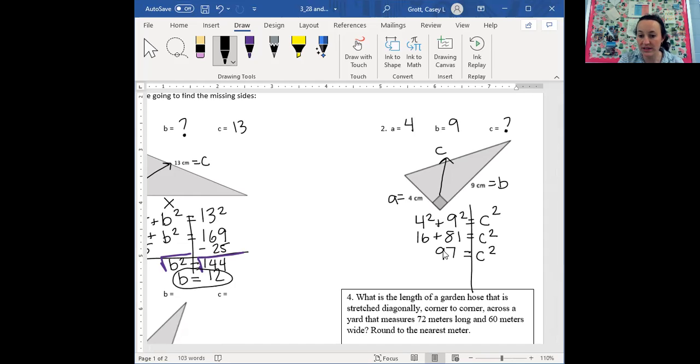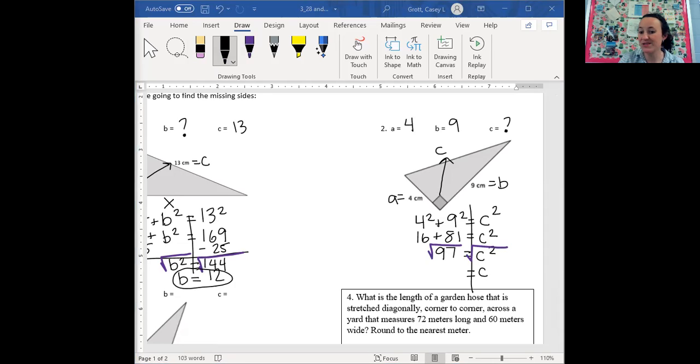Now that I only have a number and C squared, I can take the opposite again. I can take the square root. So I'm going to take the square root of 97, and the square root of C squared. When I do that, I am left with C on the side, and over here I've got the square root of 97.